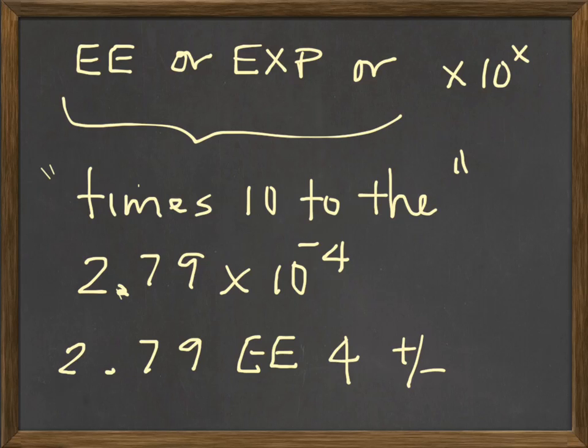Can you do these calculations without using an EE button? Well, I like to use the 10x button. I want to do 2.79 times 10 raised to the x 4. You can, but it's dangerous, because this EE button tells your calculator that this is a single number. It's a single number.